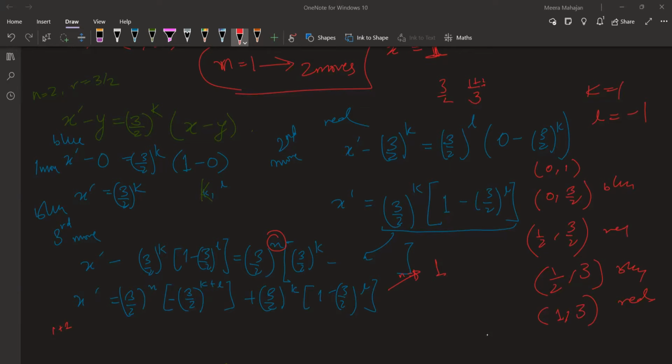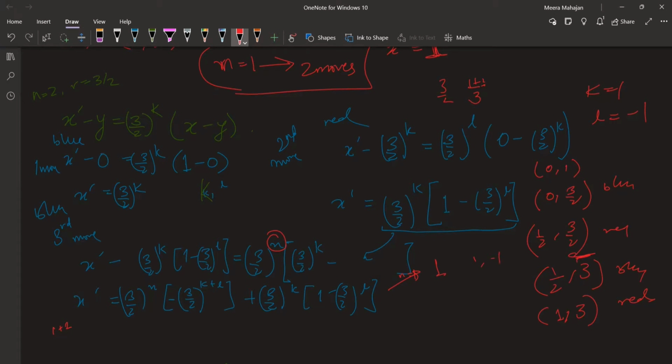Okay. I might have messed up the value of this, I think, but that doesn't really matter much.